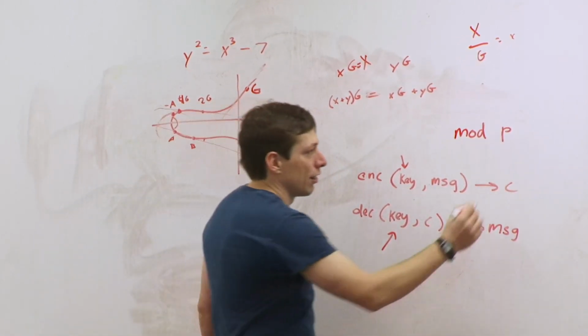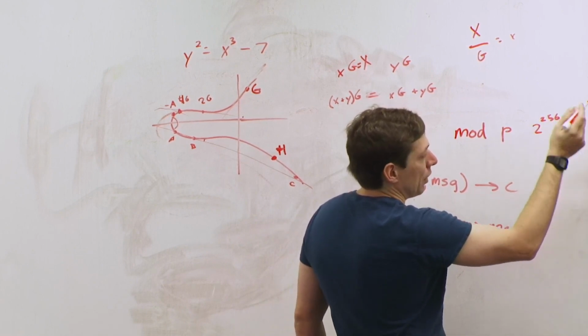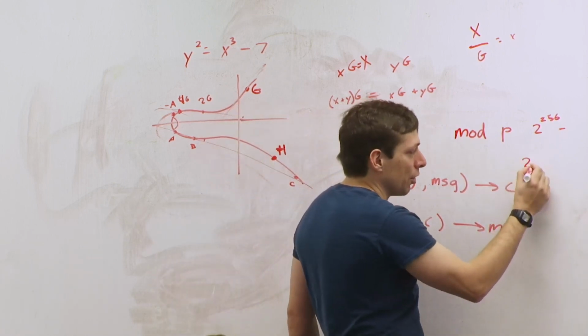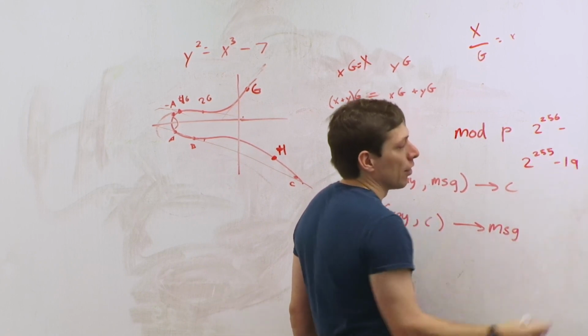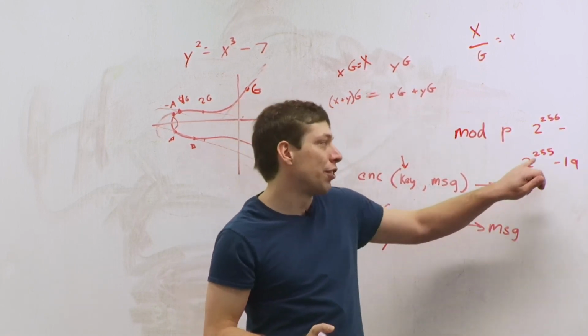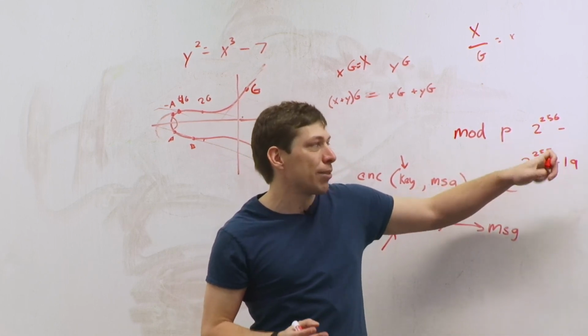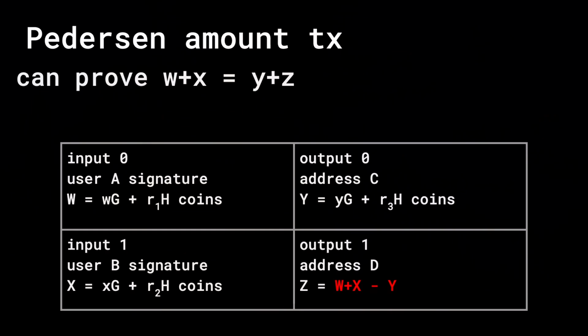In the curve Ed25519, it's 2 to the 255 minus 19. So that's an easy one to remember, which is why they call it curve 25519. In Bitcoin, it's 2 to the 256 minus some numbers that are not too huge. So since all of these things are modulo some big prime number, what's a potential problem here?